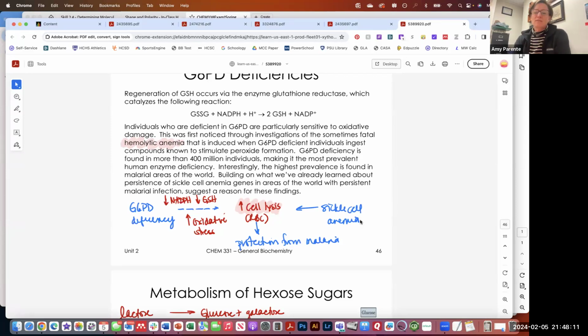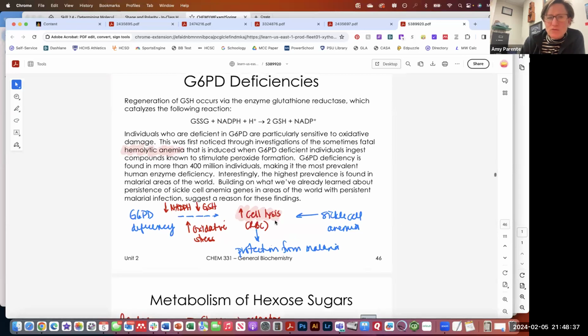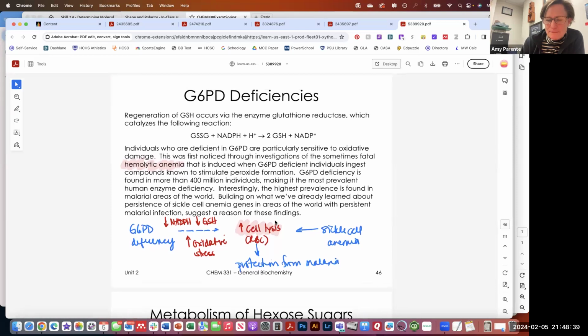And that's why people who have sickle cell anemia, if you are a carrier and you may have increased cell lysis, but not necessarily sickling, that's why we have that selective advantage for the persistence of that sickle gene in regions that are endemic to malaria. And so the same here, we're going to see an increased prevalence in G6PD deficiencies in areas where we see lots of malaria. So that kind of wrapped up that story.